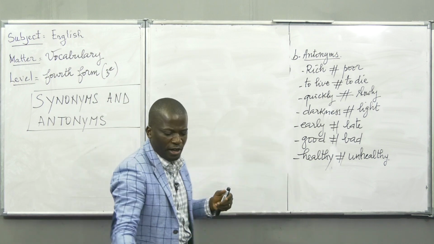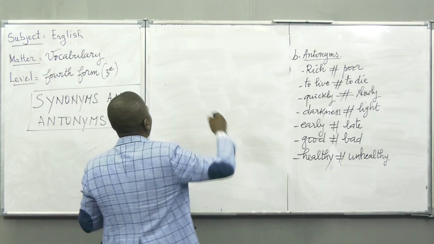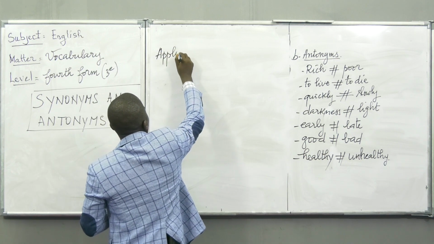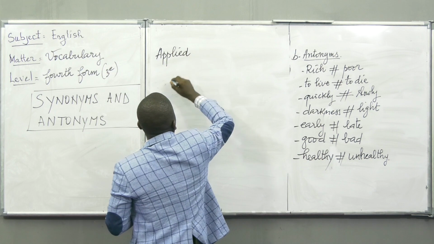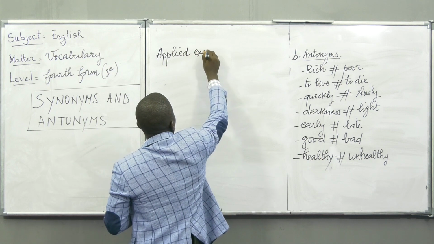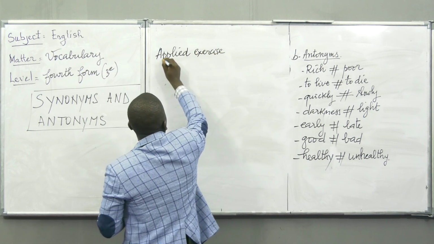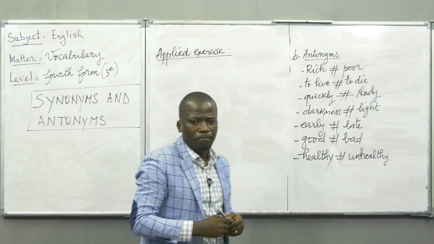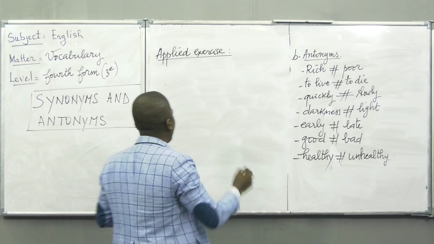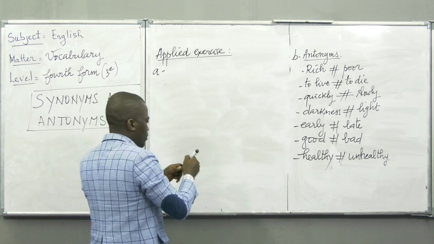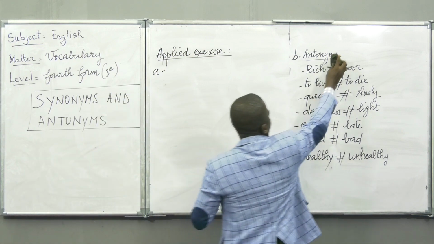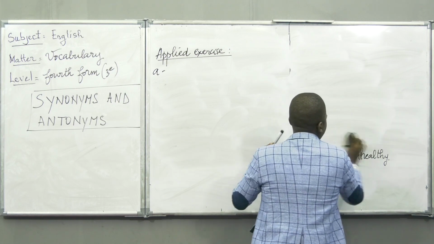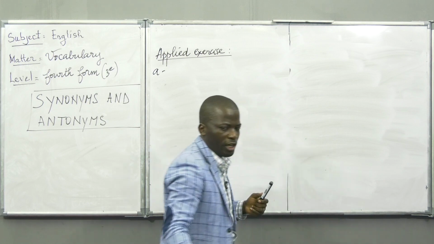The activity number 5 is the applied exercise. Okay. Now, A.